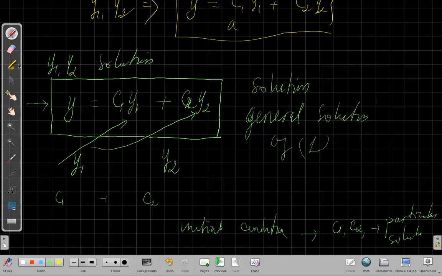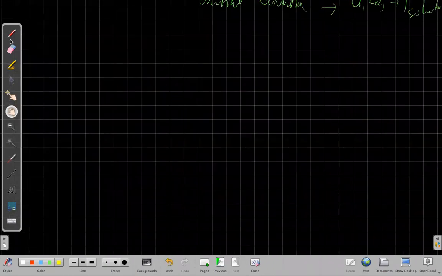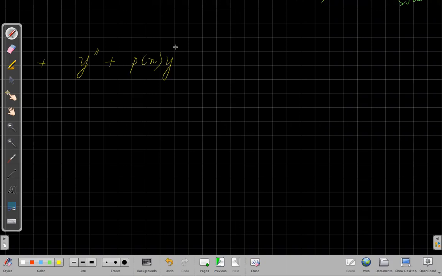So to conclude, for the concept of the solution, we have the second order homogeneous ODE equal to 0.